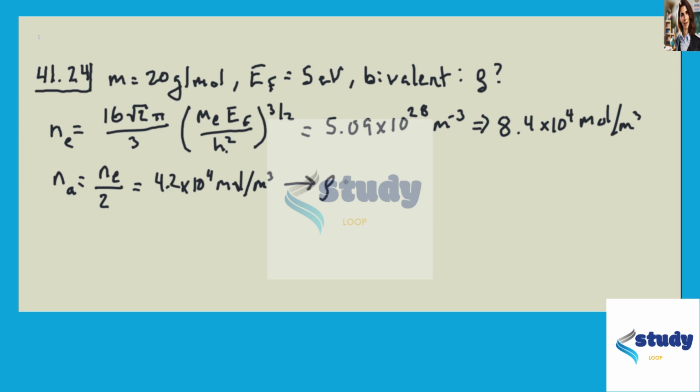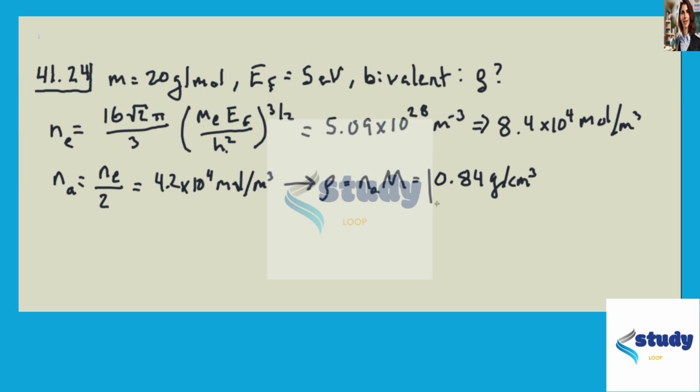So the mass density is going to be the number of moles per cubic meter of atoms times the mass per mole of the atoms. And it wants this answer in grams per cubic centimeter. And in those units, it's 0.84.